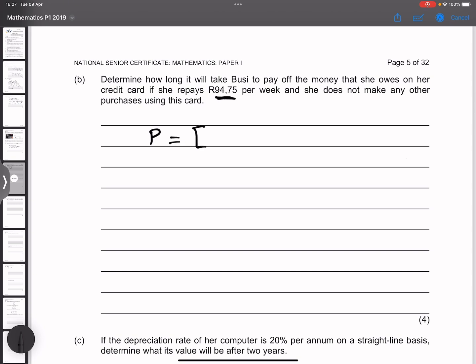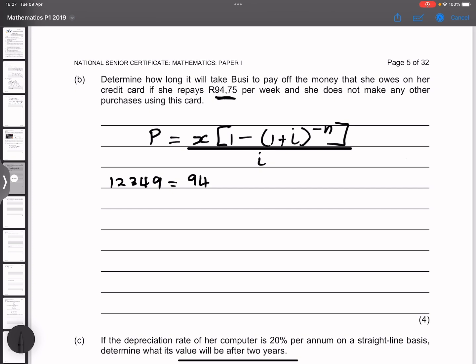Present value is equal to x into 1 minus (1 plus i) to the power of minus n, all of this over i. Our present value is 12,349. We are paying an amount of 94 Rand and 75 cents.